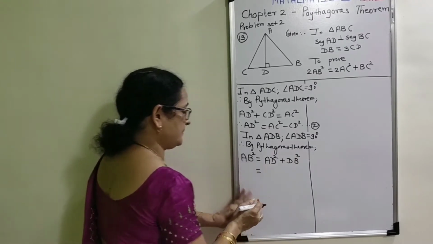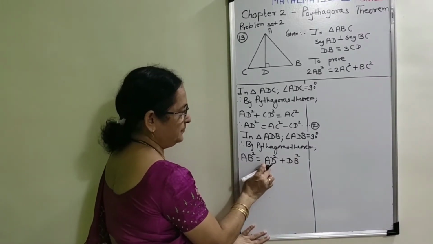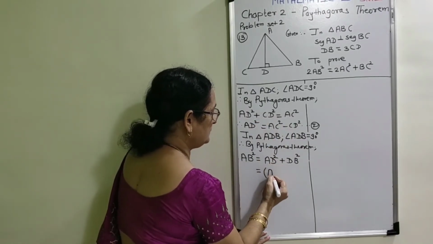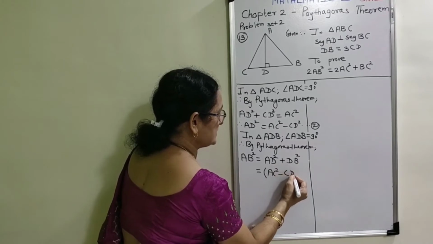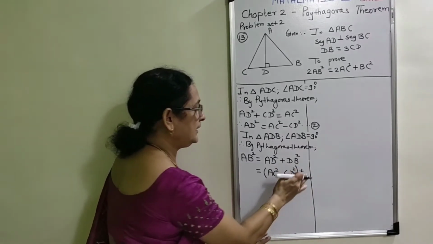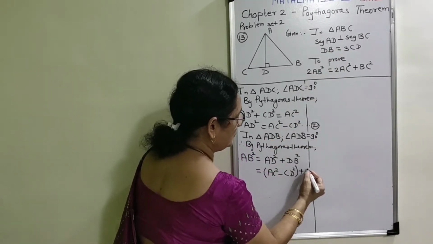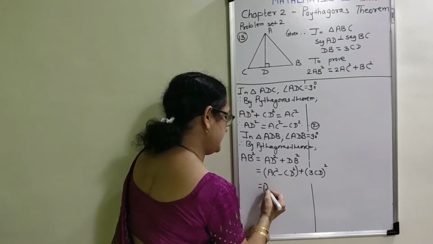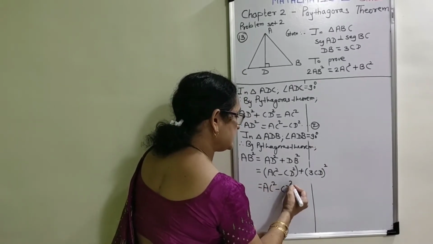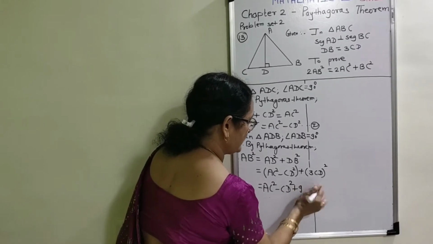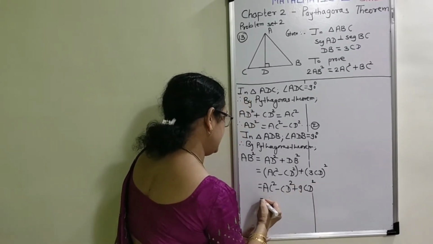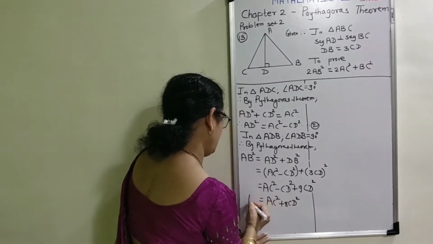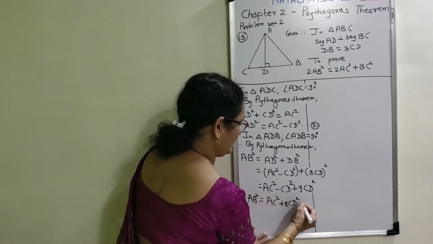Now, in the next step, I am going to substitute value of AD square, which I will get from statement number 1. AD square is equal to AC square minus CD square. And in given, they have given that DB is equal to 3CD. Substitute that value also. The next step is AC square minus CD square plus 9CD square, and that is equal to AC square plus 8CD square. This is my expression number 2.